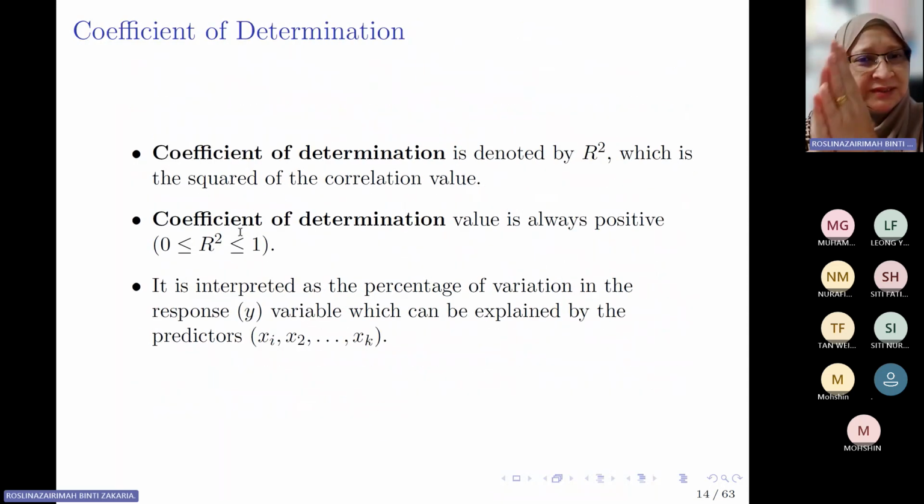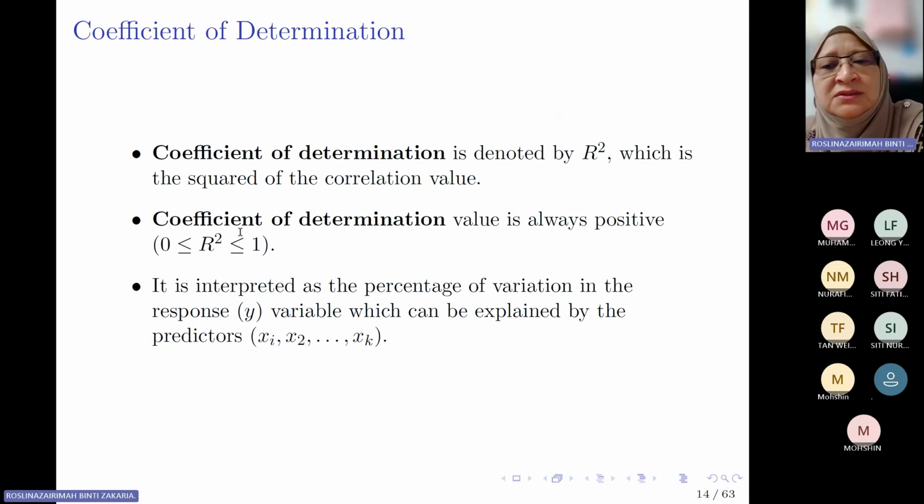Okay, another interesting feature from R is if you square that value, R squared, it is called the coefficient of determination. Take R and then we square it. Big R means it is the population correlation.